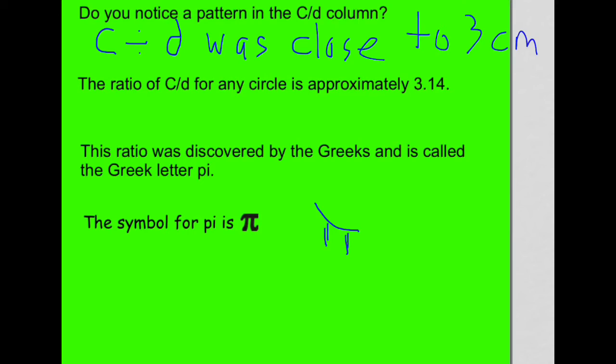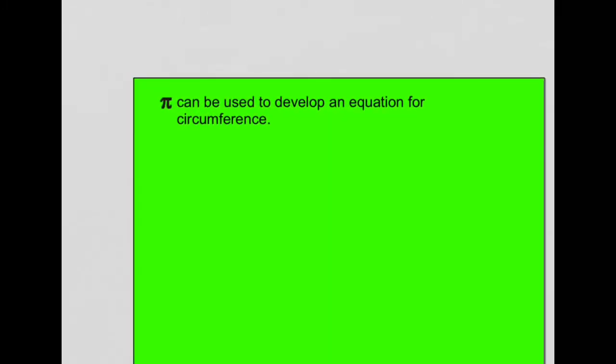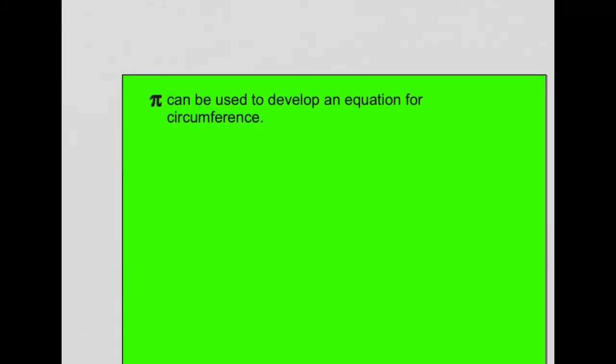The last thing I want to do is, why does this matter? Well, we've been studying math equations, and pi can be used to develop a math equation so that we can calculate the circumference of a circle. So let me show you what I mean by that.